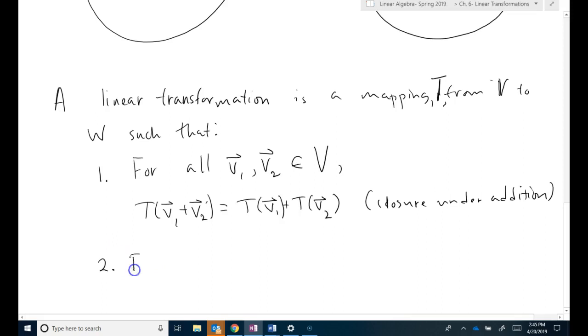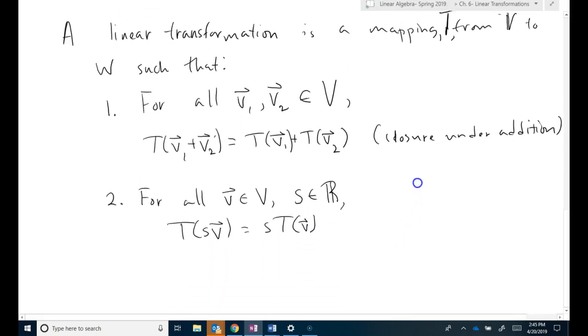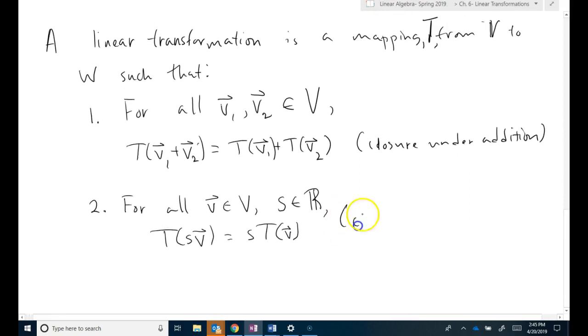For all V belonging to V, and S belonging to R (in truth, we're generally going to utilize another name for another space, but let's make it R in this case for our purposes), T of SV will equal S times T of V. And so that's closure under scalar multiplication.